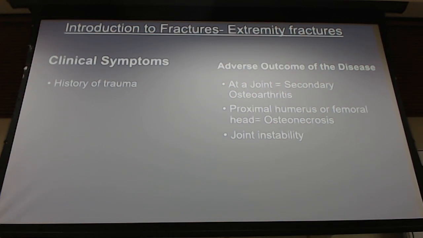If the fracture is in a joint, that predisposes the patient to osteoarthritis. If you do not treat an intra-articular fracture, it's very likely that the patient will develop osteoarthritis.